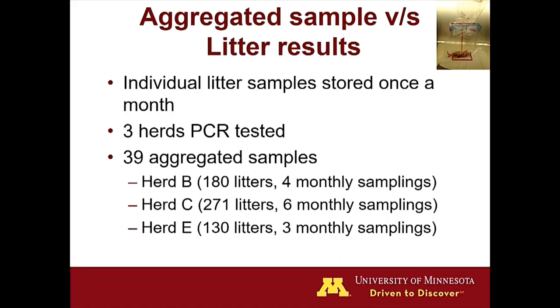And so we ended up testing around 600 litters, in different monthly sampling times, just to learn how many positive litters there were when you have a positive aggregated sample, and also how well they were correlating between the aggregated sample and the individual litter result.